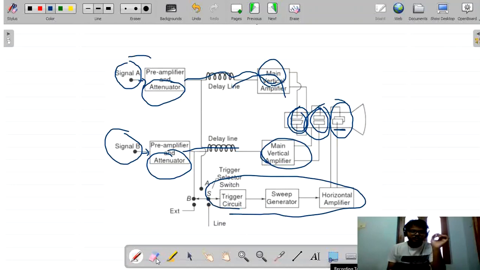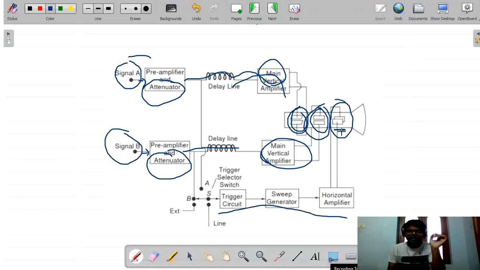For the two signals we have two different vertical amplifiers and two different vertical deflection plates, but only one horizontal line and only one horizontal deflection plate. It is the main drawback. So what do we need to do? We need to introduce a switch such that the switch oscillates between channel A and channel B. Suppose the speed of the switch is 5 microseconds.